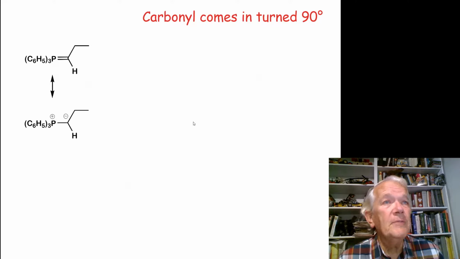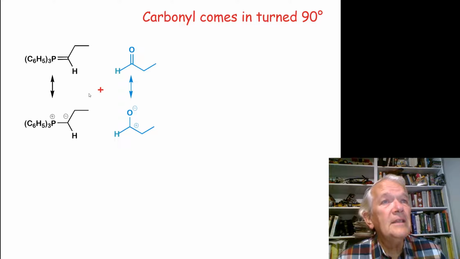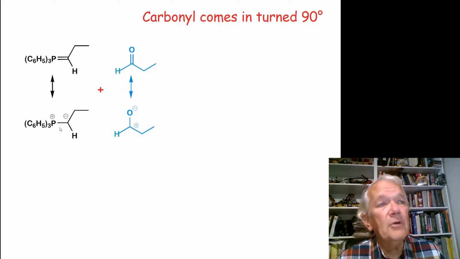You're getting this unusual geometry. So why do we get this unusual geometry? Well, the explanation is a little bit complicated, but it goes like this: the carbonyl is said to come in, turn 90 degrees, and essentially the hydrogen approaches the phosphorus. That makes sense because sterically that's the smallest group.